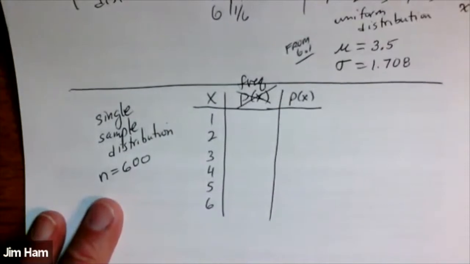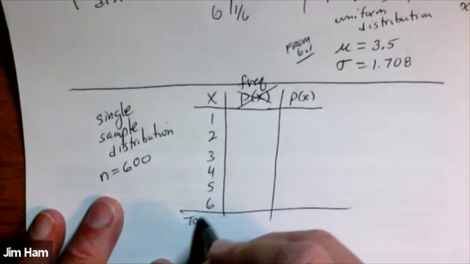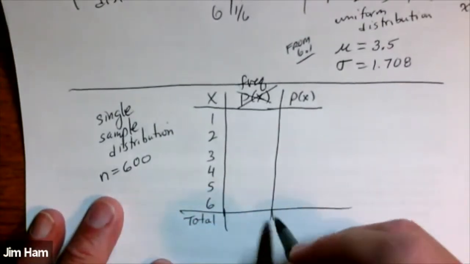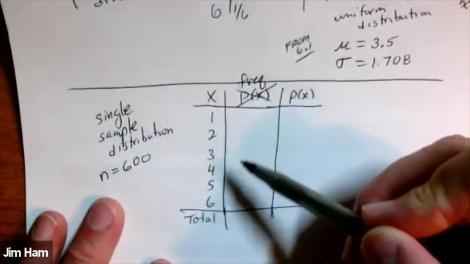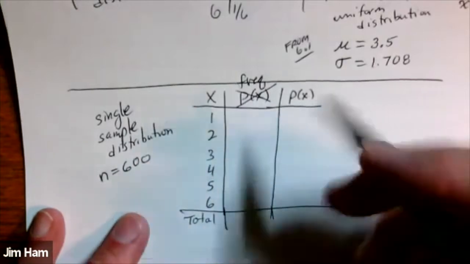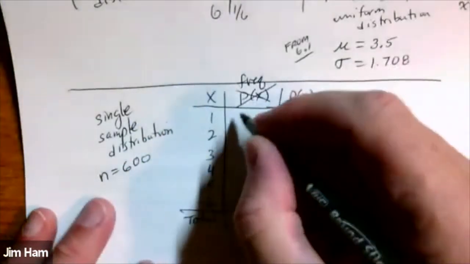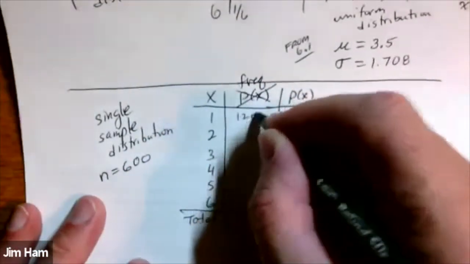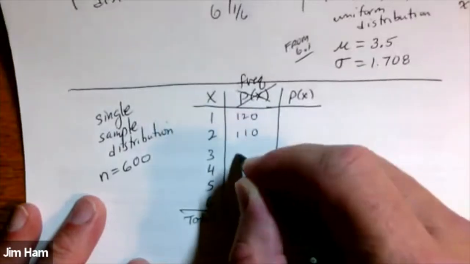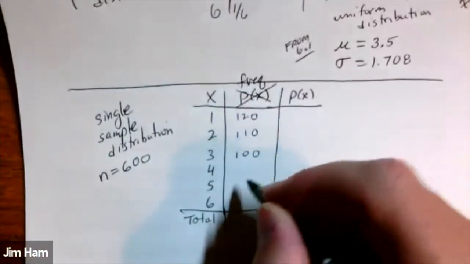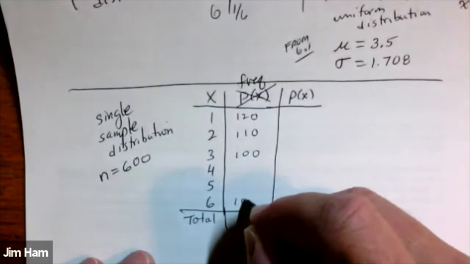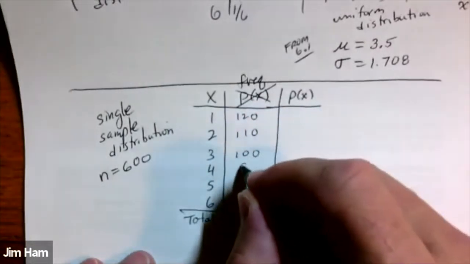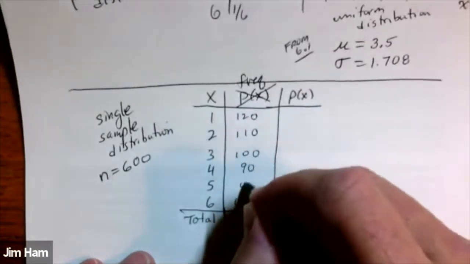So let's say that of those total of 600 rolls, this is one particular sample. It would be very unusual to hit 100, 100, 100, 100, 100. But maybe we did say 120 and 110 and 100, I'm just going to use some nice round numbers here, and maybe 100 down here, and then say 90 and 80.